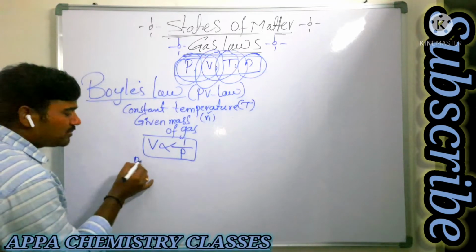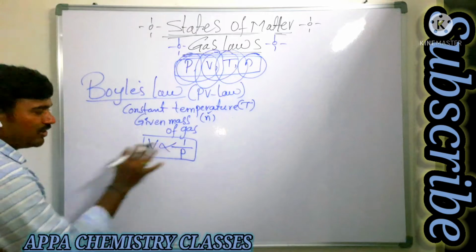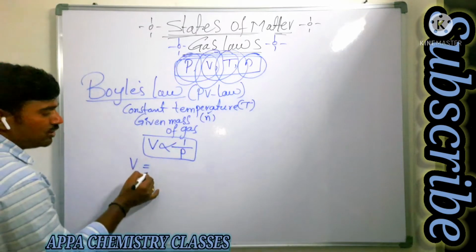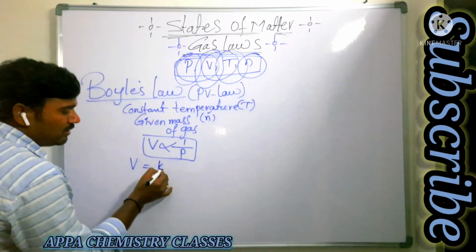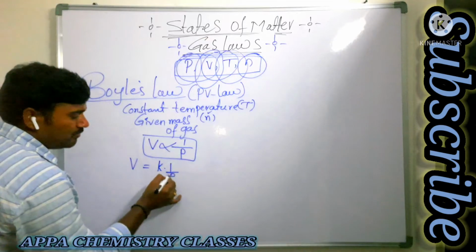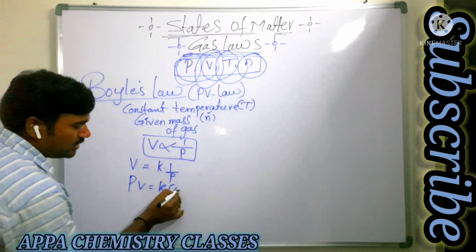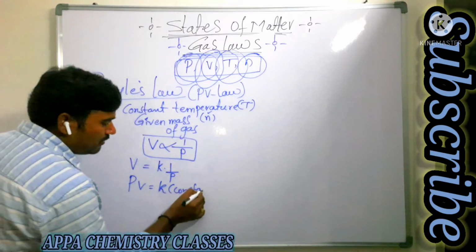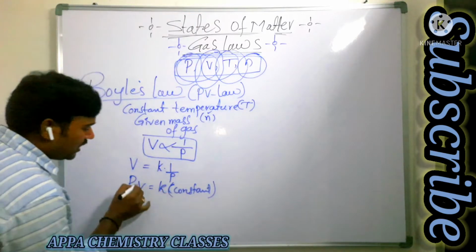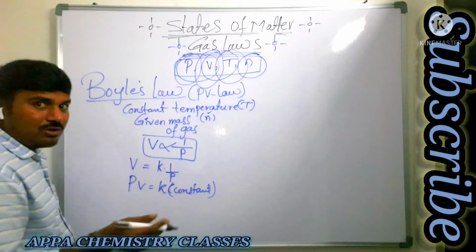Now if I remove the proportionality sign, then I keep a constant, that is V equals K into 1 by P. So from this, PV is equal to constant K. K is constant, so PV is equal to constant.